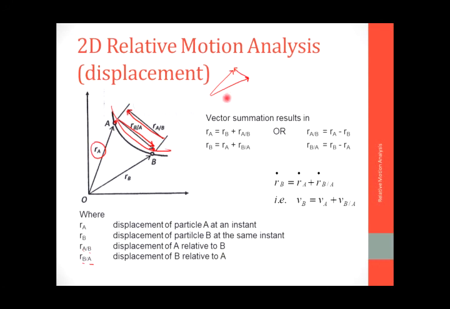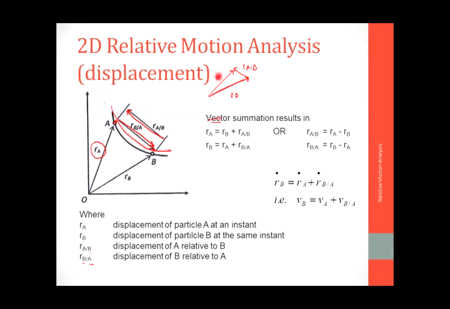This is the formula, or the theory, that we applied in the first statics lecture. If we add RB plus RAB, tail to head, we will get the resultant. That was for forces, but it is the same because this is the formula for vectors.